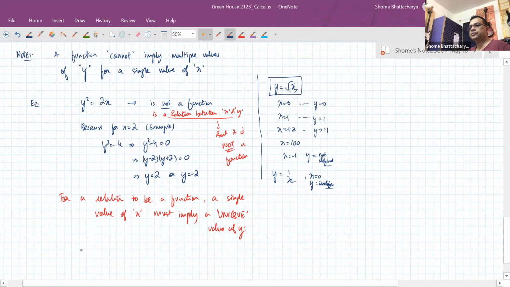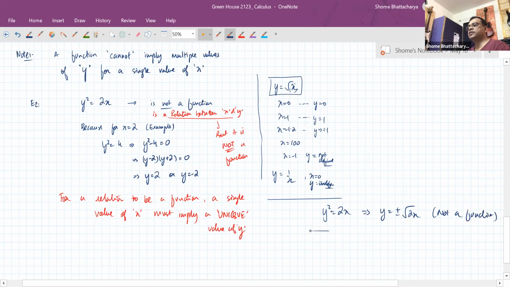Sir, if we have our function as y is equal to square root of 4, that will only be positive too, right? Yes, that's the difference between the two. See, y square is equal to 2x actually implies that y's value is plus minus of square root of 2x. So this is not a function.